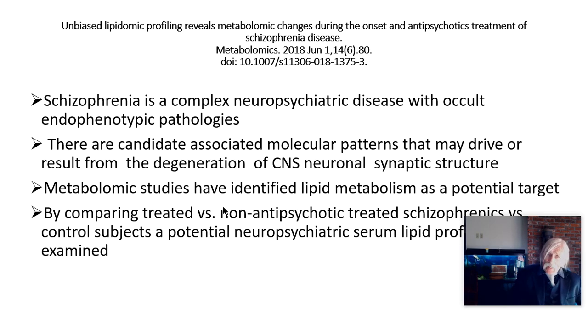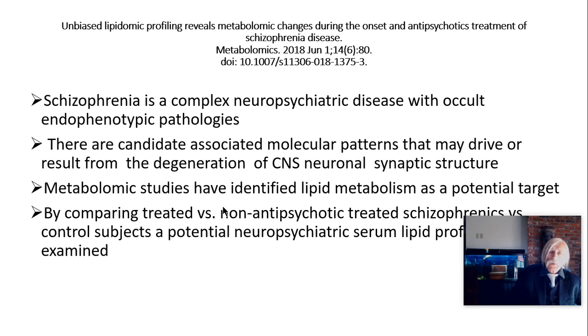Okay, so there are candidate associated what I call molecular patterns. That includes expression of genes like proteins, but also receptors that are found in the membrane, how they're found in the membrane, signaling molecules, signal transduction pathways, the whole business, as well as, of course, tandem gene expression, and then epigenetic modifications of DNA, and thus alteration of RNA that causes differential gene expression. All of that.